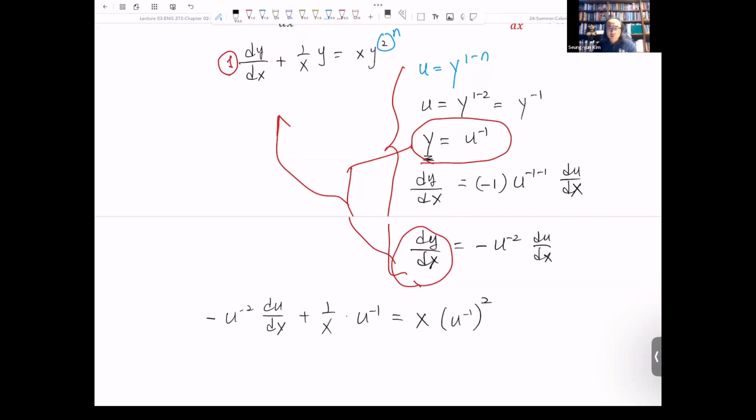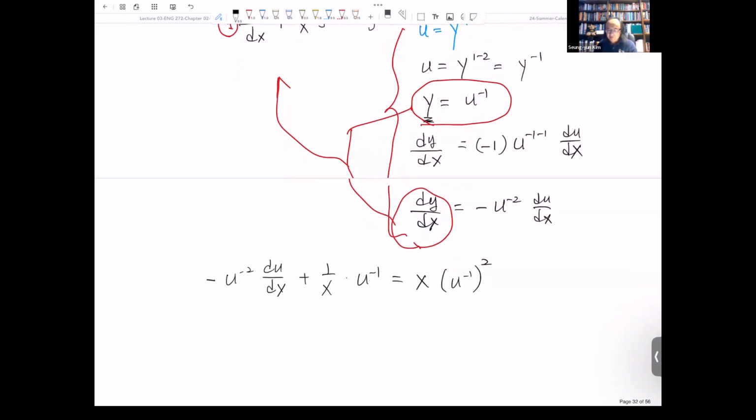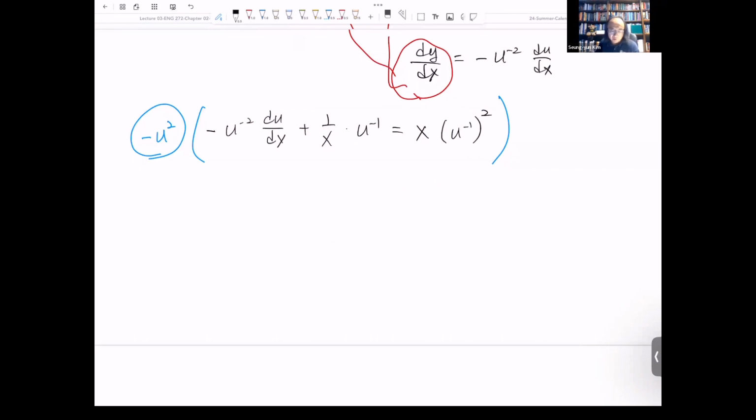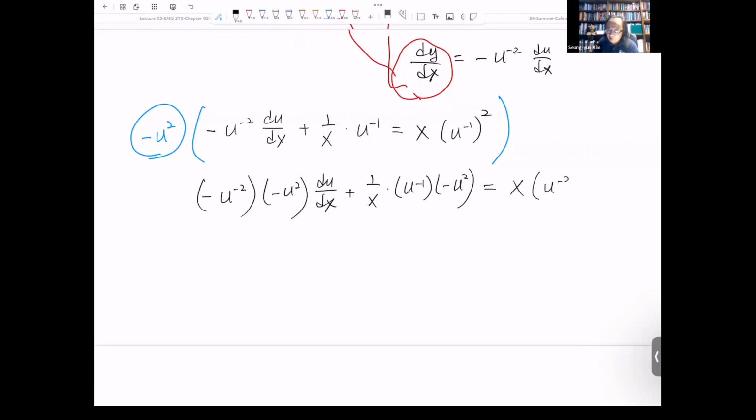It was dy over dx, but it's not linear. If you make this standard form for du over dx, then it's going to be linear. If you multiply everywhere by negative u squared, you're going to have negative u to the negative 2 times negative u squared du over dx plus 1 over x times u to the negative 1 times negative u squared equals x times u to the negative 2 times negative u squared.